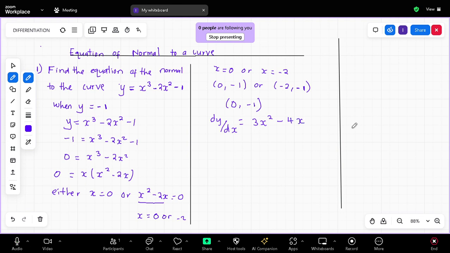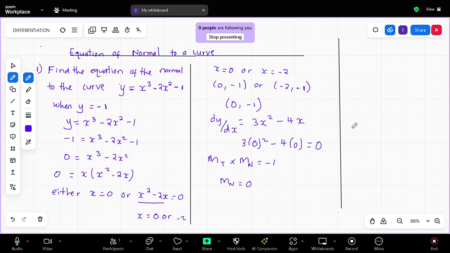So the gradient at x equals 0 is 3 times 0 squared minus 4 times 0, which gives 0. This is the gradient of the tangent, m_t. The gradient of the tangent multiplied by the gradient of the normal is equal to -1, so the gradient of the normal is also 0.